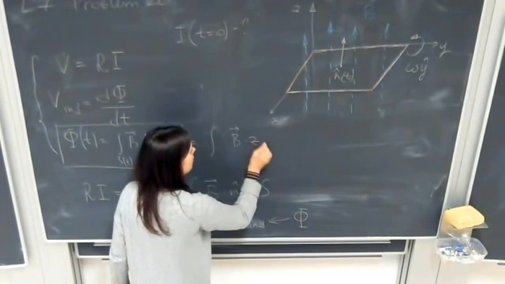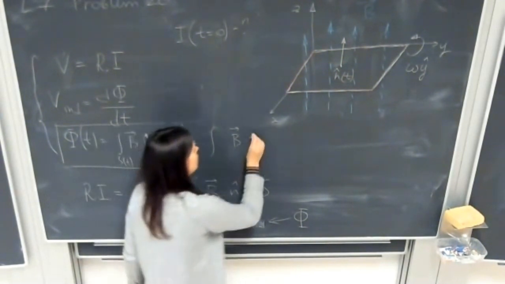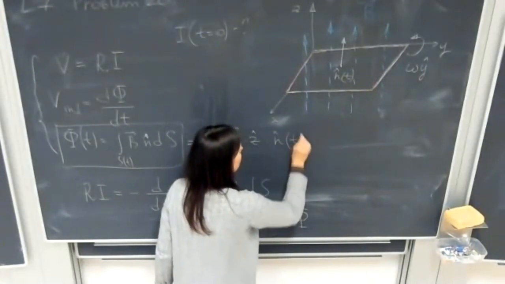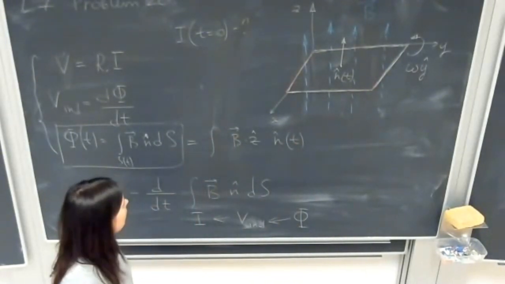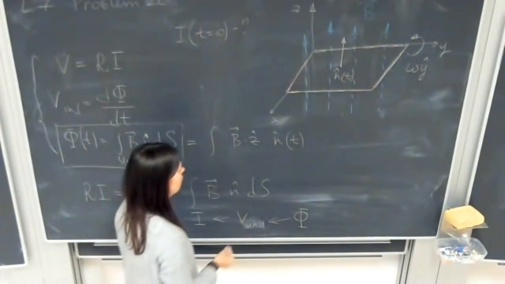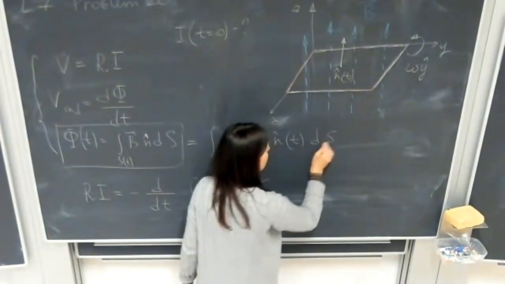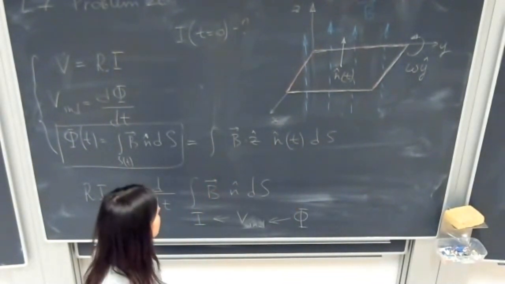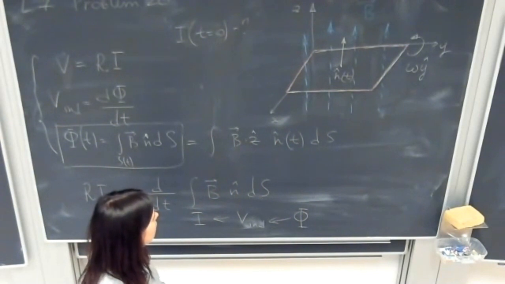Our B is constant, always in the same direction. Our normal is time changing, and then we have some area dS. The dimension of the area is not given, so it will be just some variable for the area, some constant.